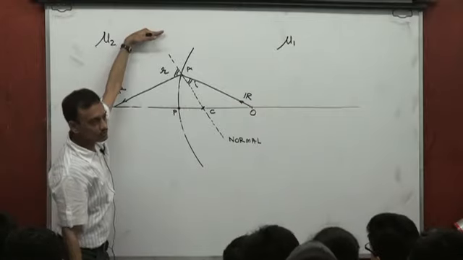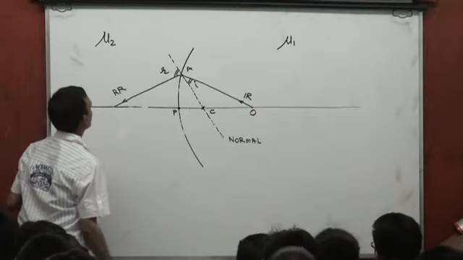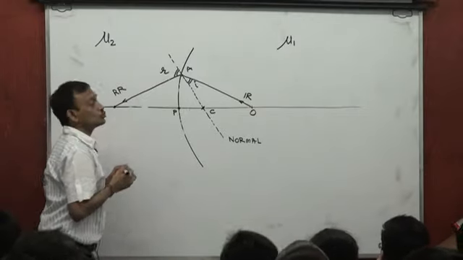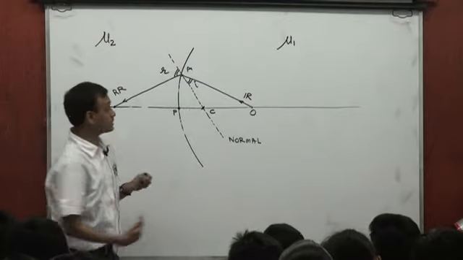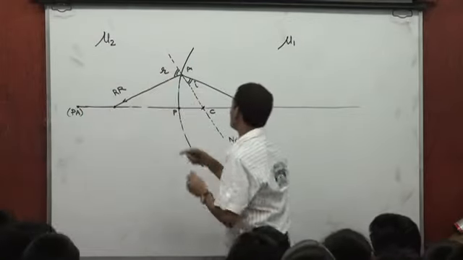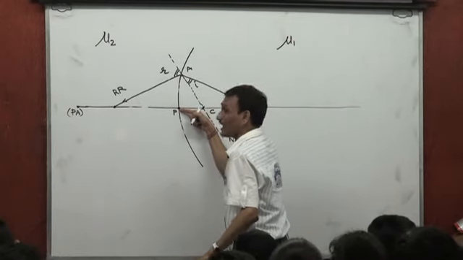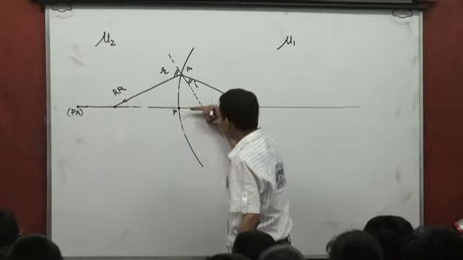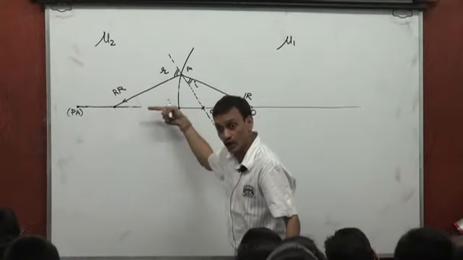Refracted ray, normal. Now, two refracted rays will constitute the image, right? One is this refracted ray, the other one is, imagine a ray like this. If I is 0, then R would be 0, and that ray would get refracted undeviated.